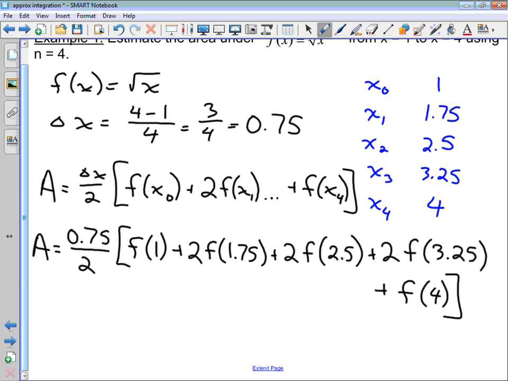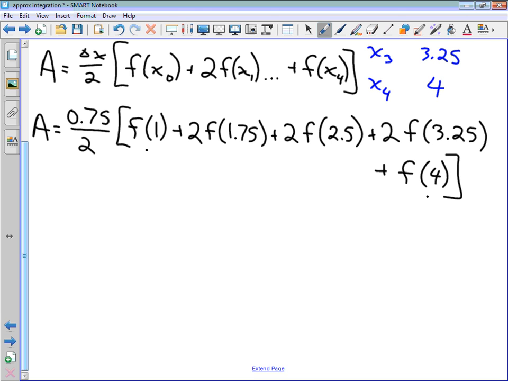So one term for the start of our area approximation, one for the end of our approximation, and then each interval boundary in between gets multiplied by 2. And then we just need to work out what this is.